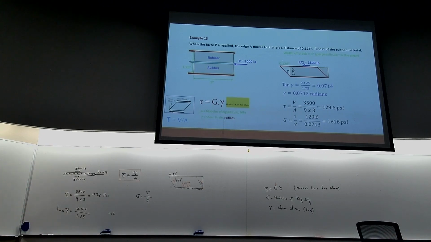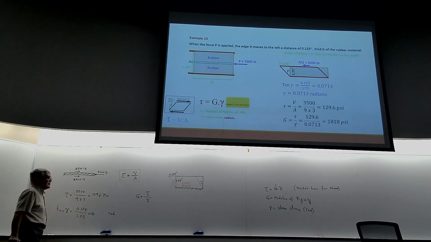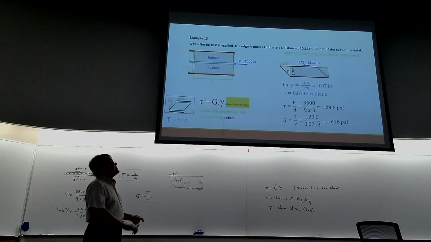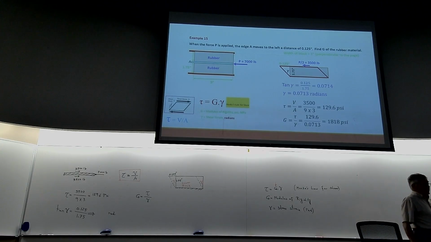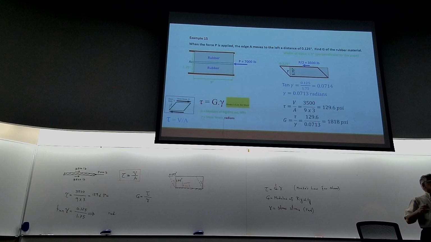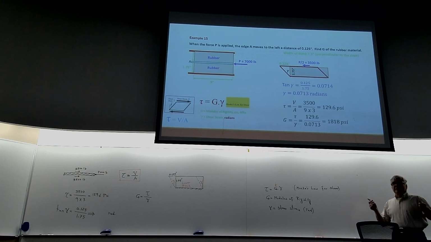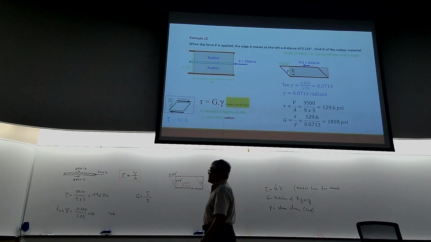And once you solve for gamma, the numbers are extremely close. If you use tangent of gamma, which we are, you get 0.0714, but if you do inverse tangent of that, you get 0.0713. So if you leave out the tangent here, still the numbers are very close.